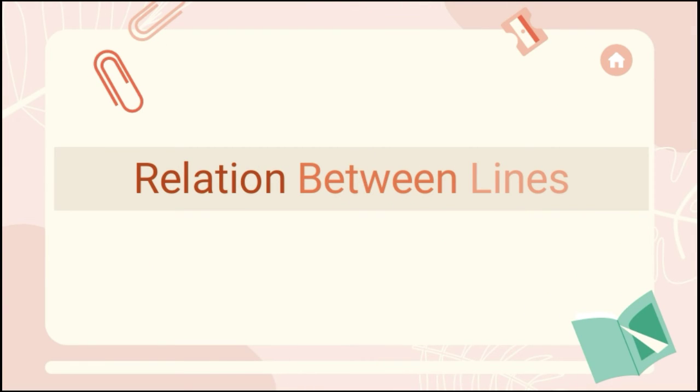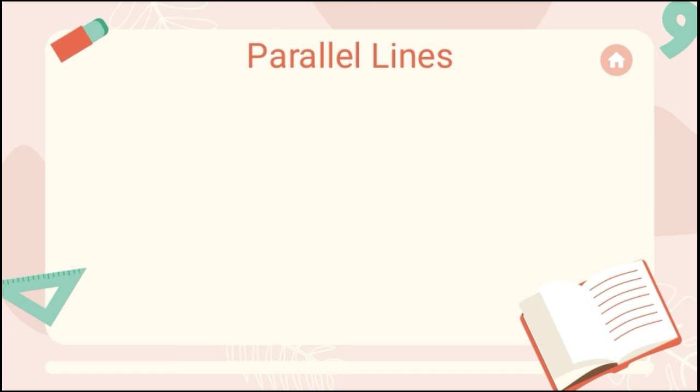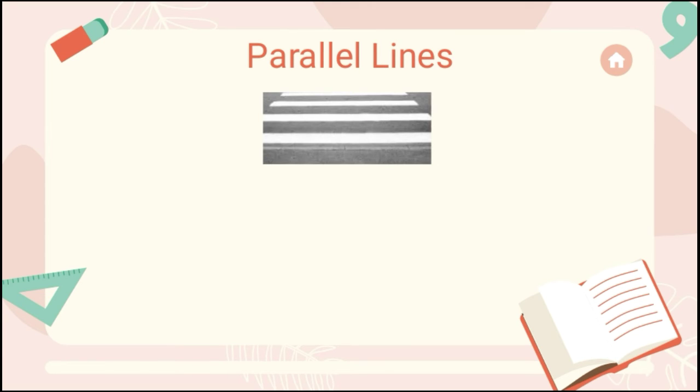Relation between lines. Parallel lines. In the picture, we see there is a zebra crossing. It has lines. Look at the lines.